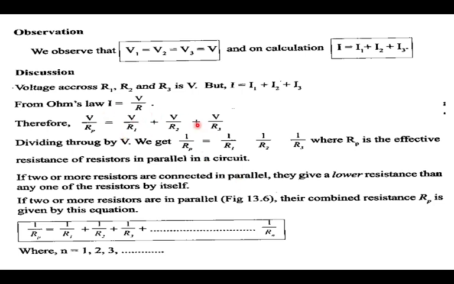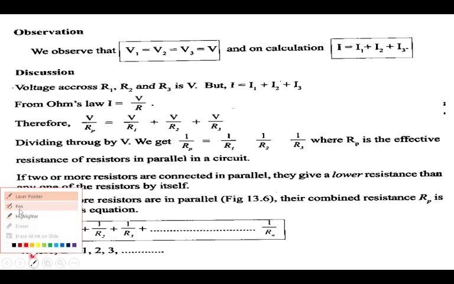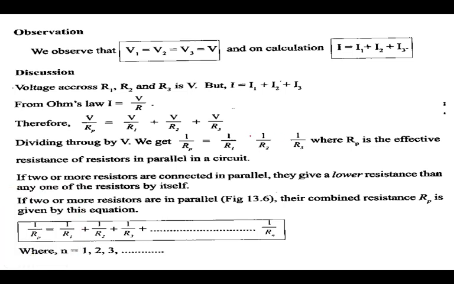If you play around with this equation, dividing everywhere by V, you end up with a neat equation: 1 over total resistance equals 1 over R1, plus 1 over R2, plus 1 over R3, and so on. Don't forget to put a plus sign here. The plus sign is very important to show that we are adding these things up.